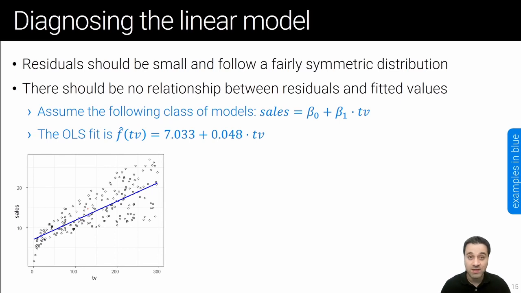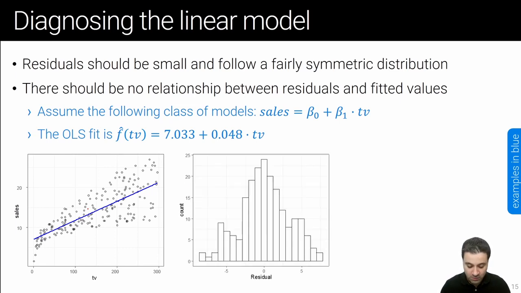Well, first of all, the distribution of the residuals. So we can look at a histogram of the residuals, and it should be kind of symmetric around 0. In this case, it's not really symmetric, so we have some more observations here than we should. But yeah, you could say it's fairly symmetric. Okay, let's just assume that this is a good model.